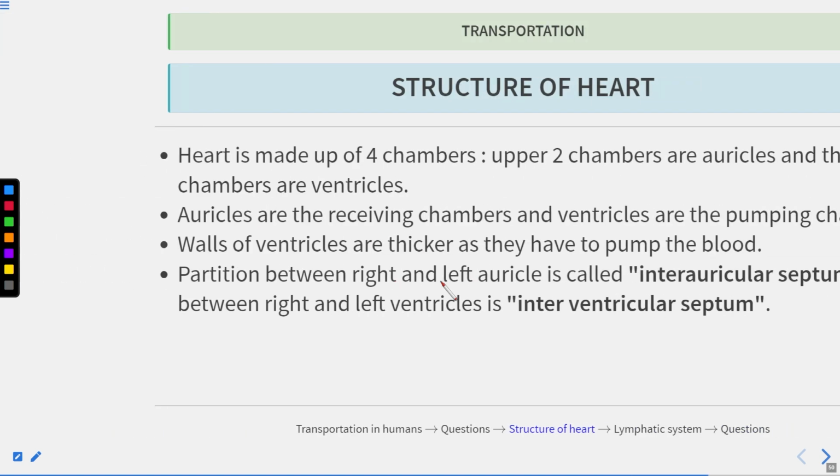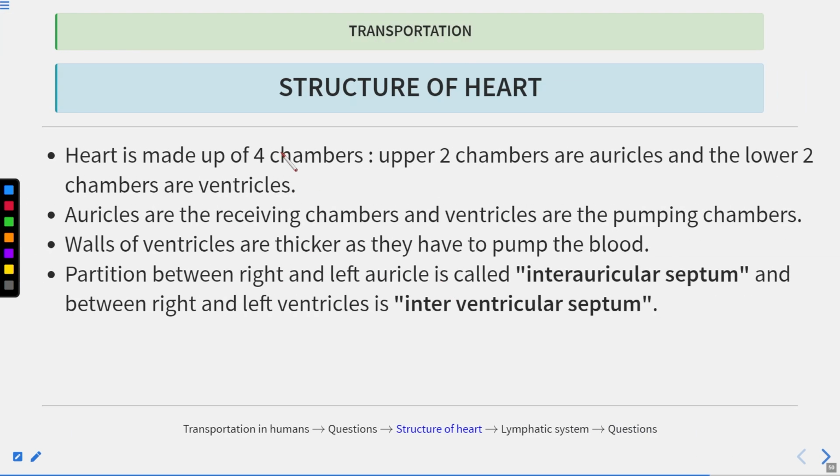Now I've already told you the heart is made up of 4 chambers. The upper 2 chambers are known as the auricles, also known as the atria, whereas the lower 2 chambers are known as the ventricles.